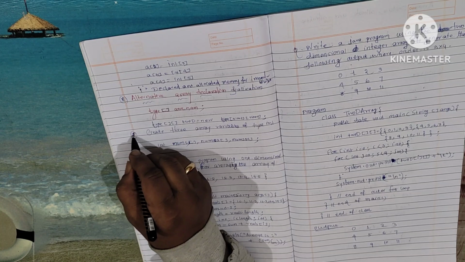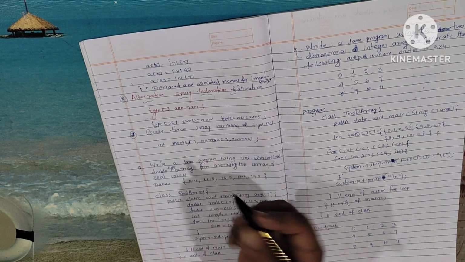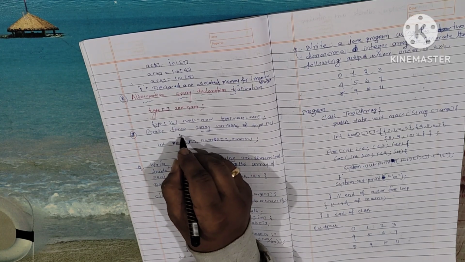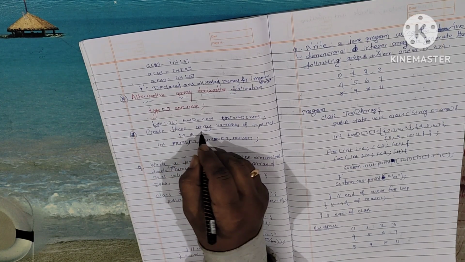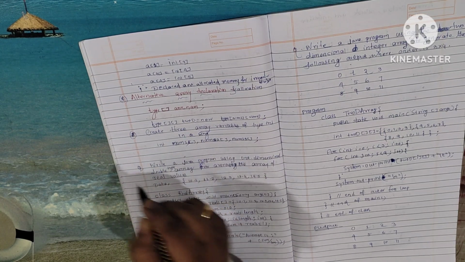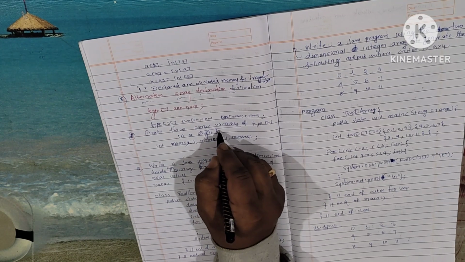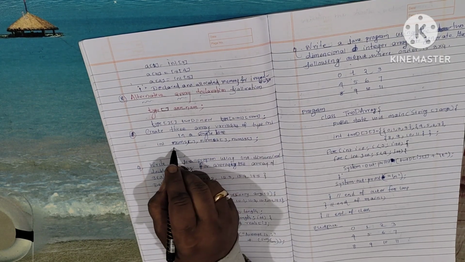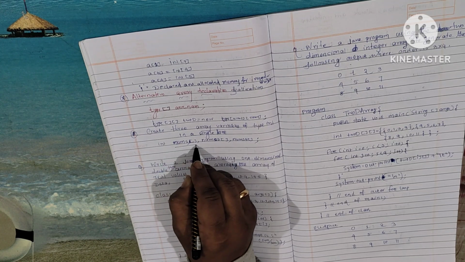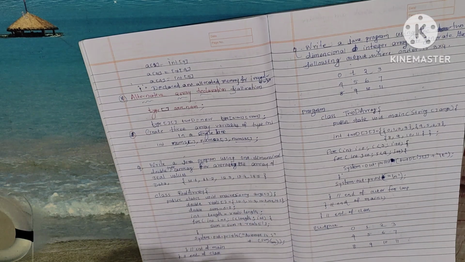One more thing is that you can create any number of array variables in a single line. So you see that we have created 3 arrays, nums, nums2, nums3.